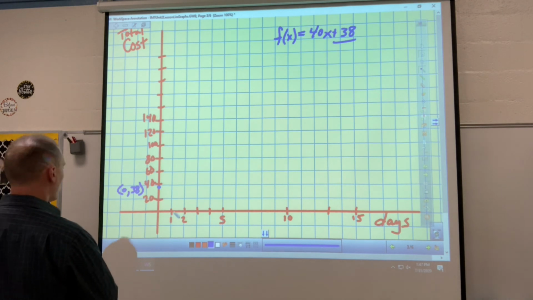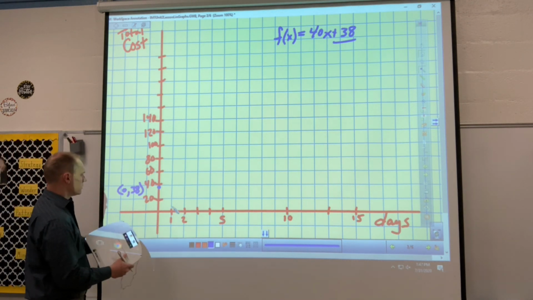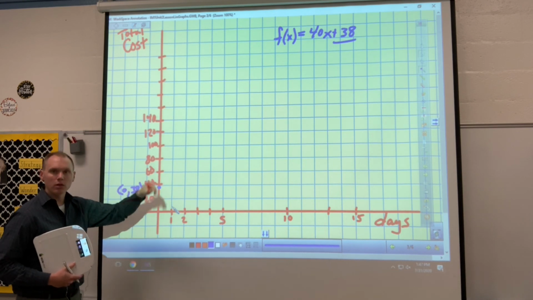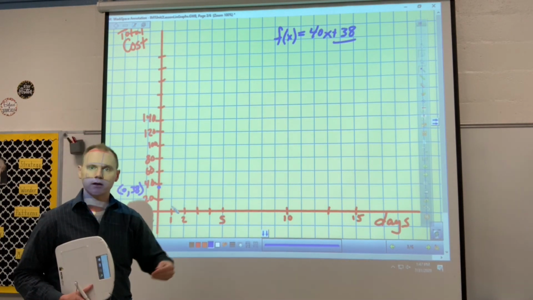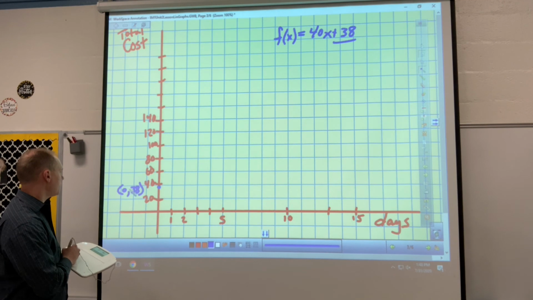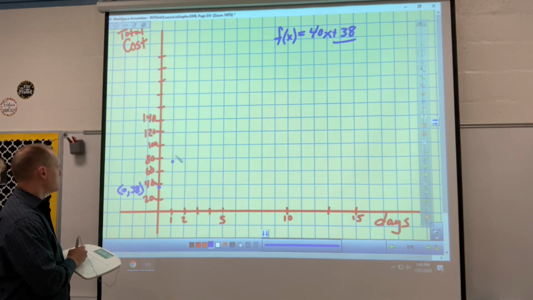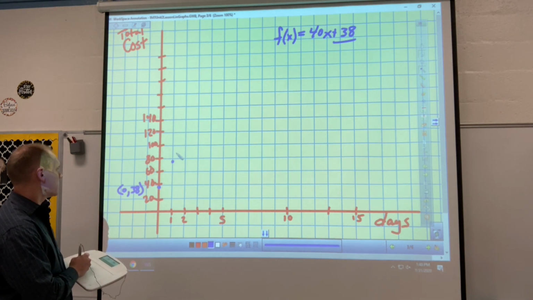So after 1 day of renting it, it's going to be not only 38, but 38 plus $40 for that 1 day that I've rented it so far. So 38 plus 40 is 78. So 78 is going to be like right in here. Okay? So that's the point.